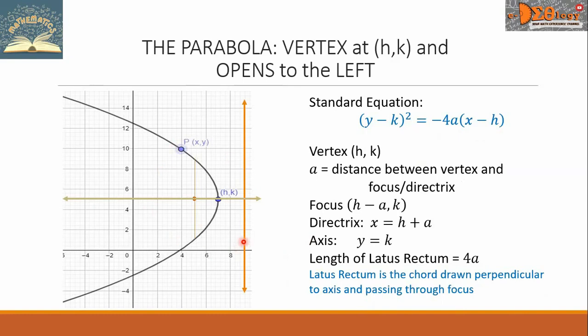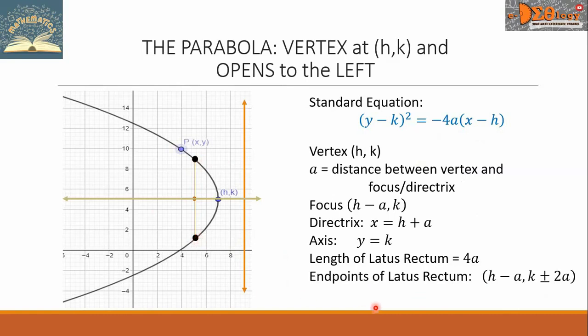In our graph here, this is the latus rectum. Now for the endpoints of latus rectum, this will be our formula. These are the two endpoints. The x coordinate is the same, which is h minus a, while the y coordinate is k plus 2a for this point and k minus 2a for this point.